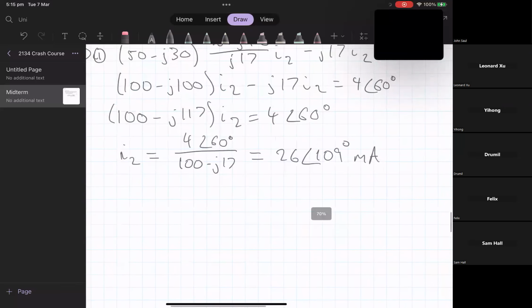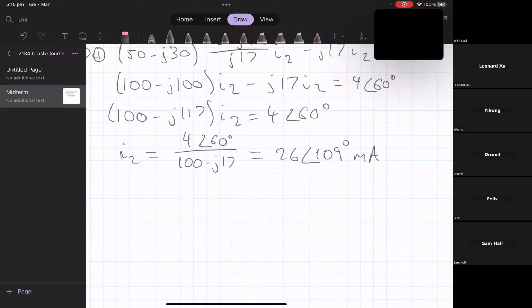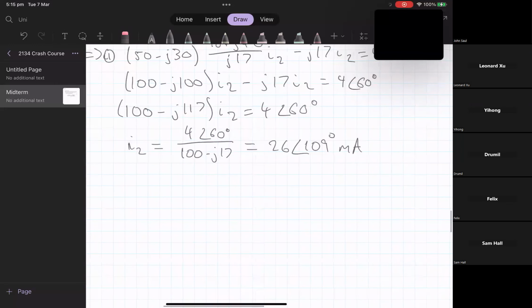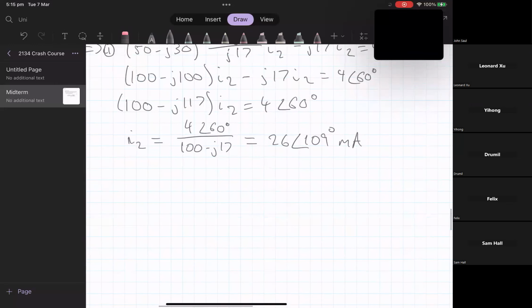So you can do that calculation to double check for me if you'd like. But yes, I recommend getting a complex calculator to make these calculations quick and easy.